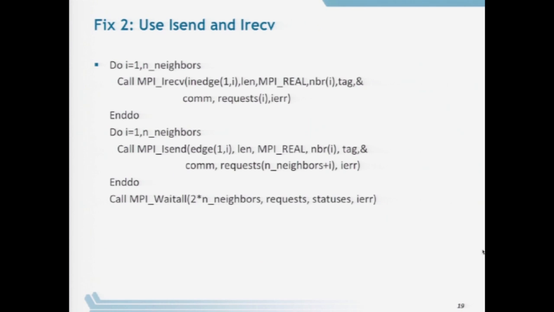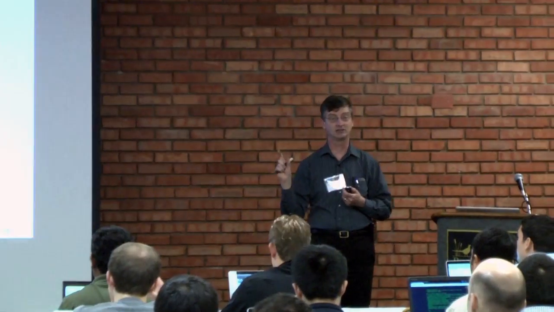The fix is pretty easy. You do iReceives and iSends and wait on all of them. Now this can also be really important on systems that have parallelism in the communication channels, like Blue Gene. So one of the ways that Blue Genes have gotten their performance is by having parallelism even in the network interface.